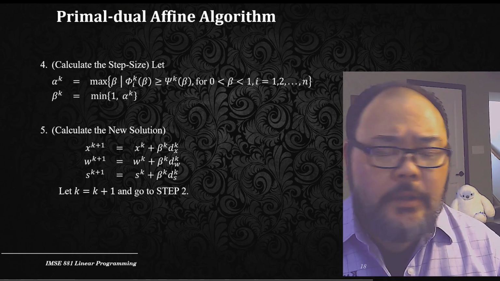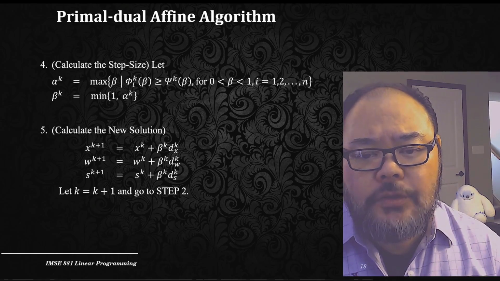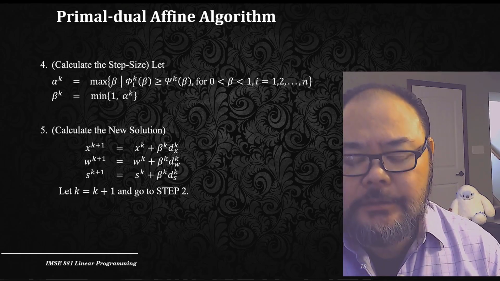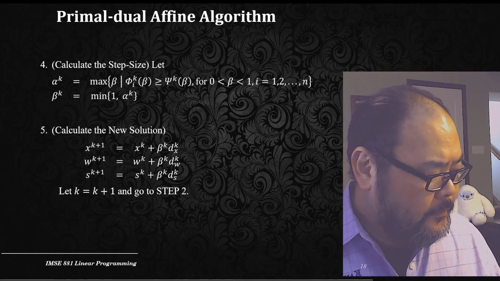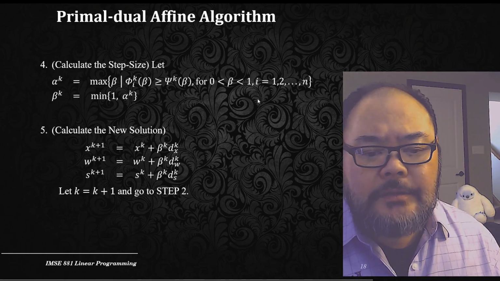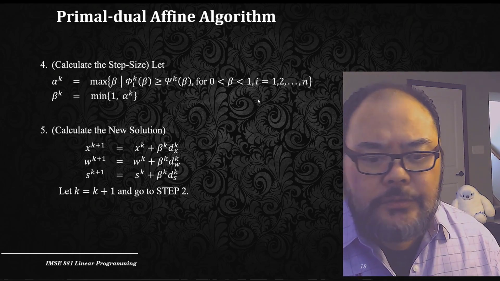So each method starts with a certain condition and tries to reach the other condition. This is a fairly good summary of all the algorithms we introduced so far.